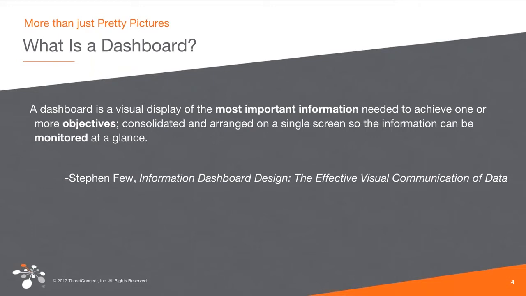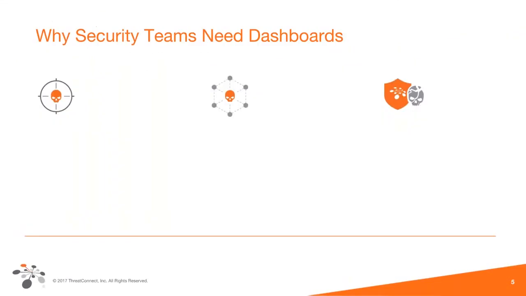You see a lot of charting tools that are called dashboards, but at the end of the day, a dashboard is designed to be something that you monitor so that you can make decisions around how to act. In the same way that threat intelligence is actionable information you can use to make decisions, a dashboard is the same thing. It's actionable information that you can use to make decisions at a glance.